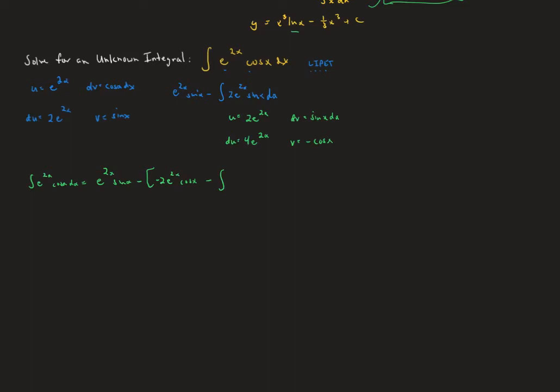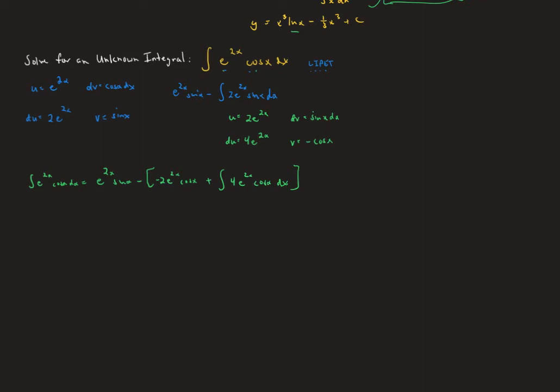Another negative sign is going to make that plus 4e to the 2x cosine x dx. Now, we might look at this and be like, oh my goodness, that's exactly where we started. Look at that, e to the 2x and a cosine x.